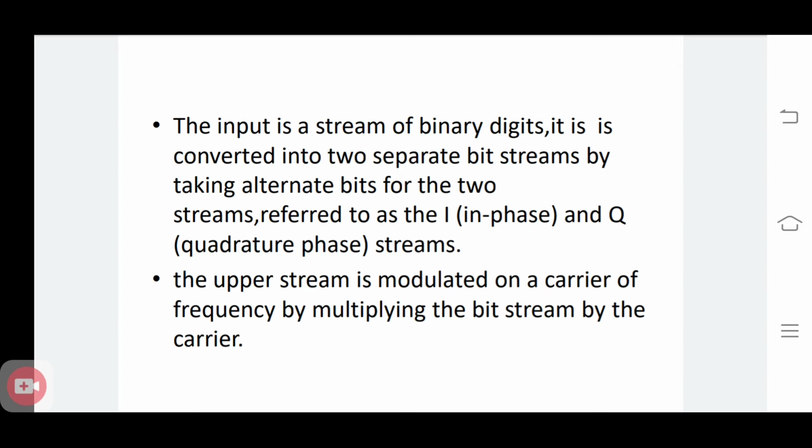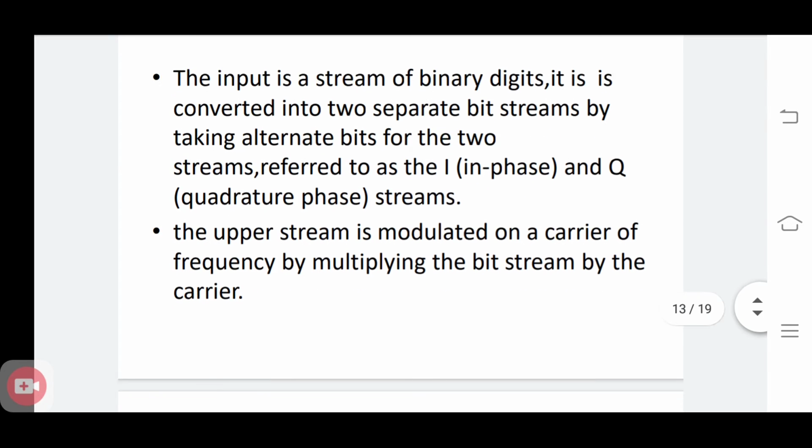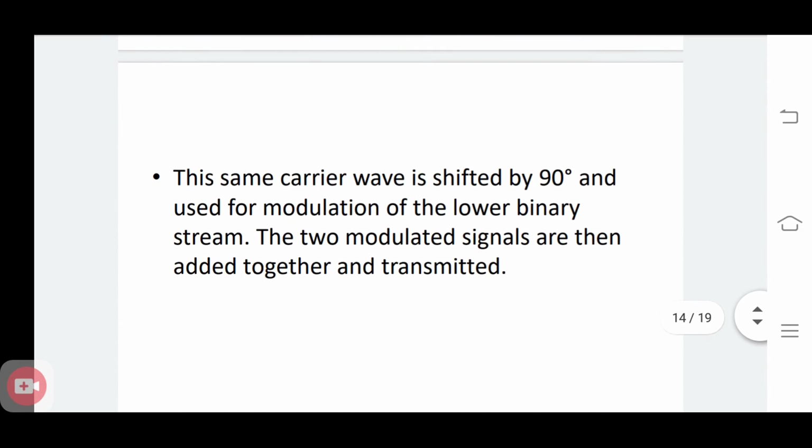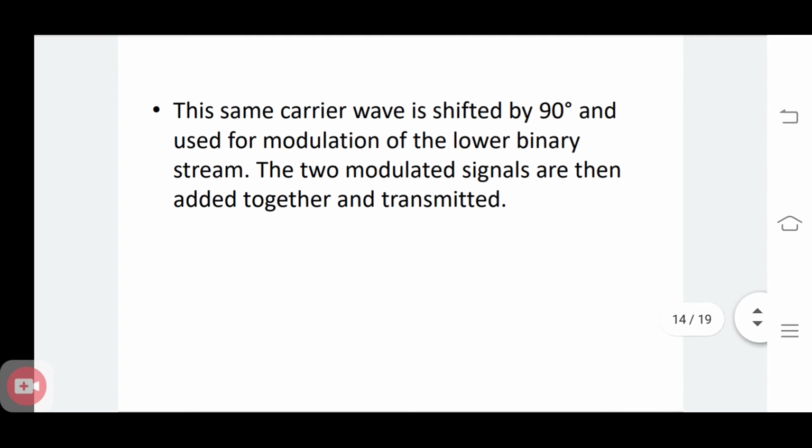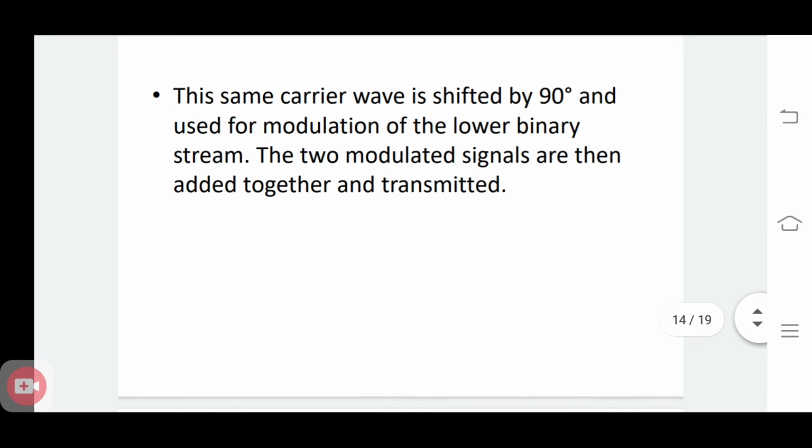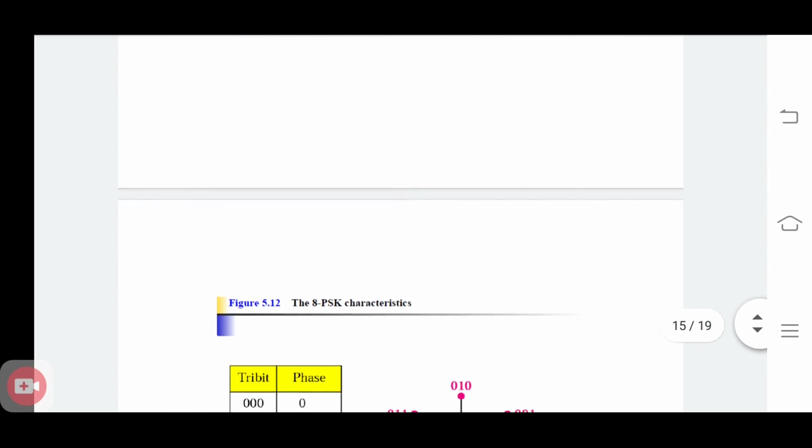The upper stream is modulated by multiplying the bit stream by the carrier, and this same carrier wave is shifted 90 degrees. So you can see in the figure we have a phase shift of 90 degrees, but there is no modulation for the lower binary stream, and these two modulated signals are then added together and transmitted. This is the mechanism used in this system.